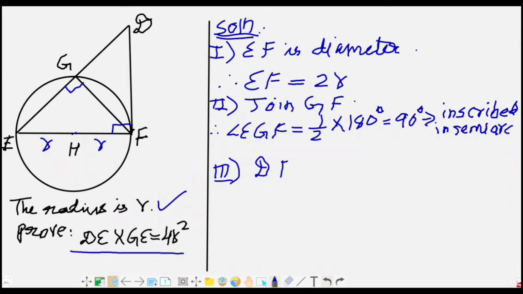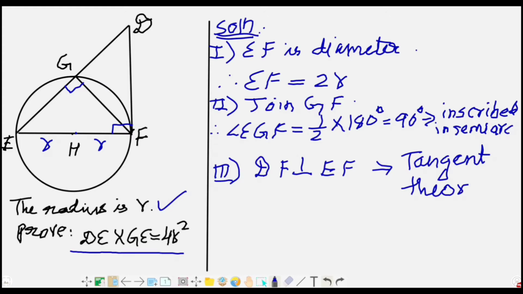Your DF is perpendicular to EF because you know the tangent theorem: the line joining the center and the tangent point is perpendicular to the tangent. So your angle EFD is also 90 degrees. Understood, students?